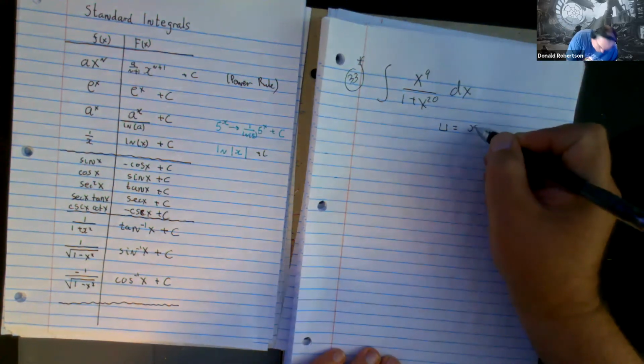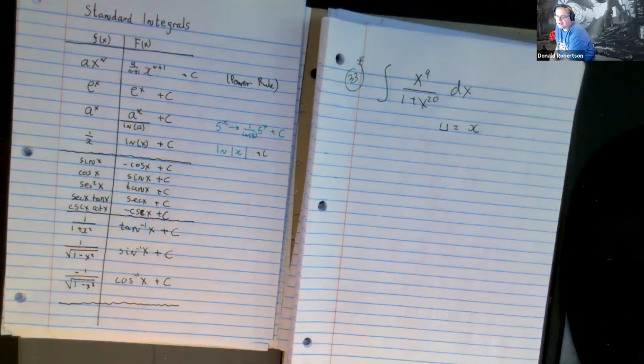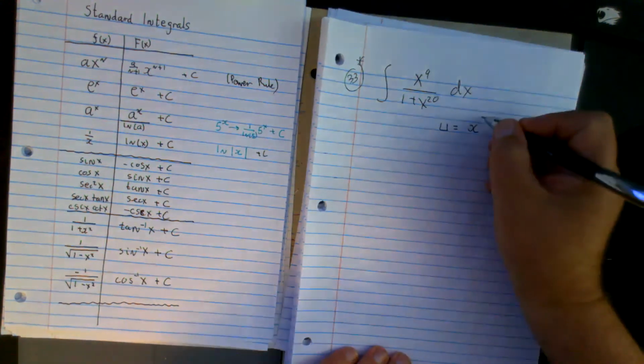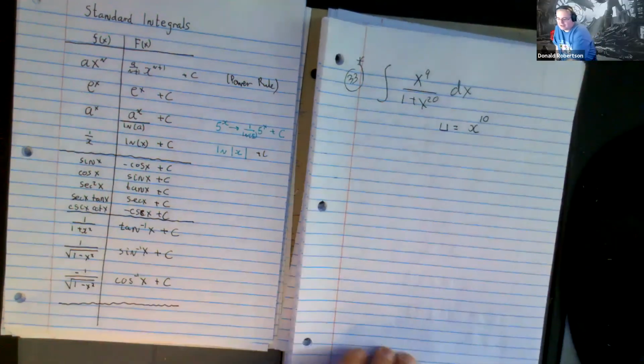Here's another clue. It's a power of x. What power of x would be a u sub? So it's not 1 plus something, it's just x to the power of something would work. X to the power of 10. Oh, you nailed it. What's good about x to the power of 10?